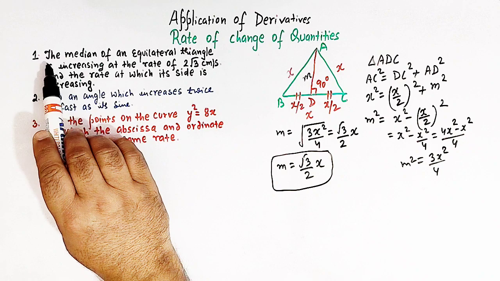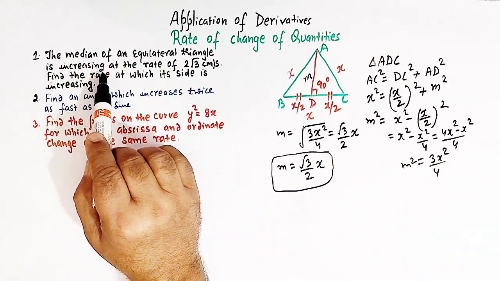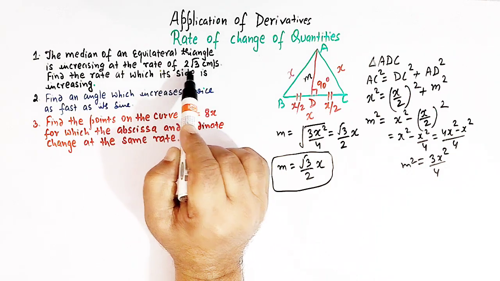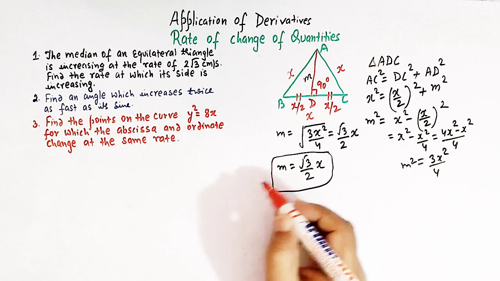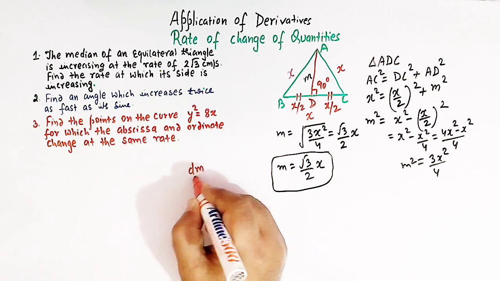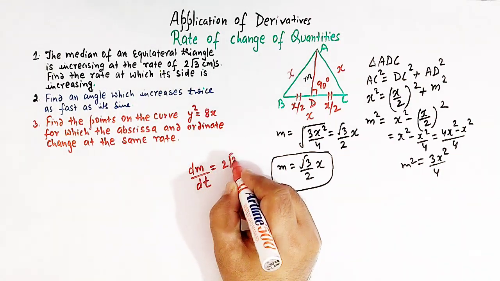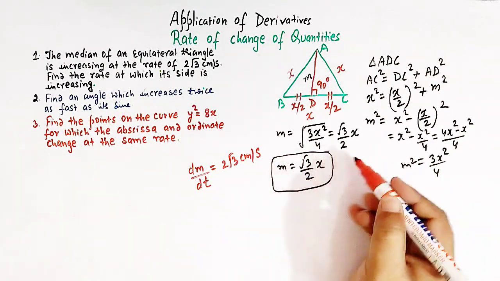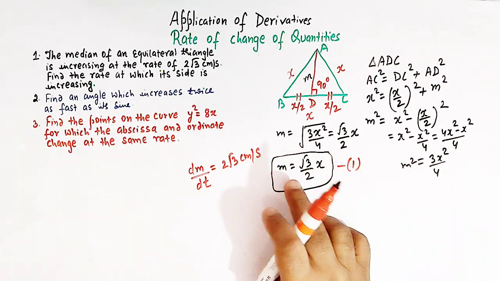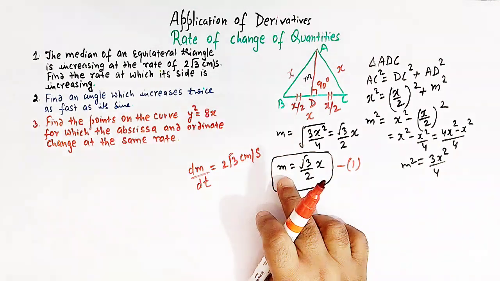Now see, here we are given that the median of an equilateral triangle is increasing at the rate of 2√3 centimeter per second, right? So we are given dm over dt is equal to 2 root 3 centimeters per second. So what we will do, we'll differentiate this equation 1 with respect to t, right?